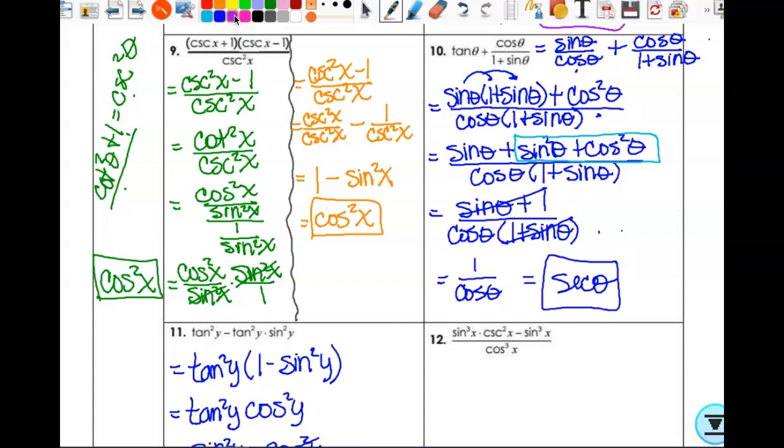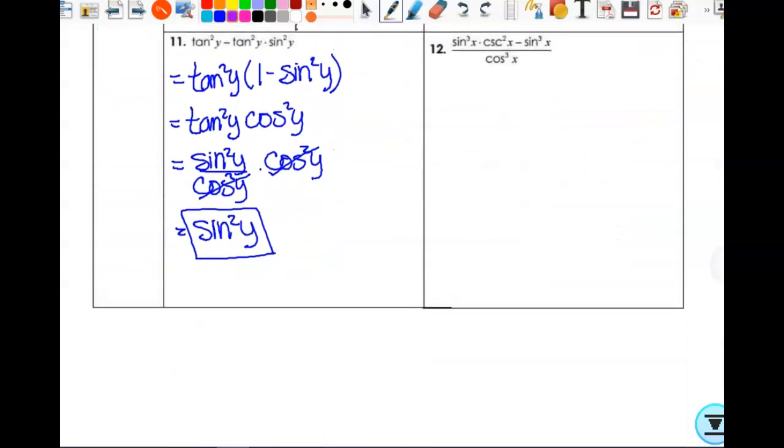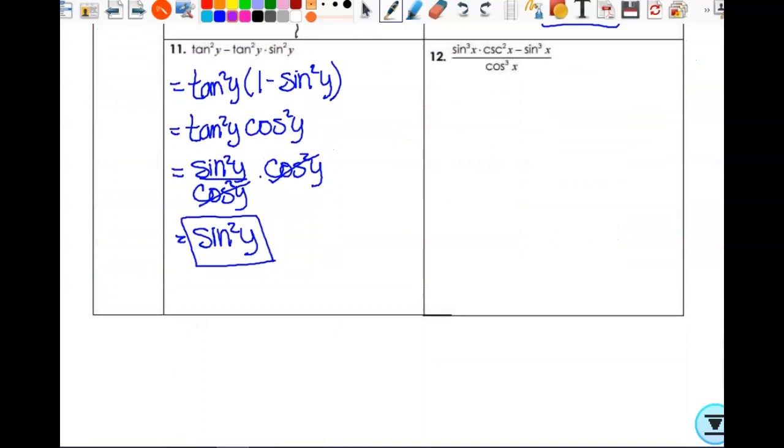All right. Let's look at this last one. Number 12. All right, so I've got some cube stuff there. We haven't done anything with cubes yet, but even if it's on that chart, remember, we're not looking at it yet if we haven't talked about it. And I've got some squared stuff in there too, but what else do I have going on that I know for sure I can take care of?